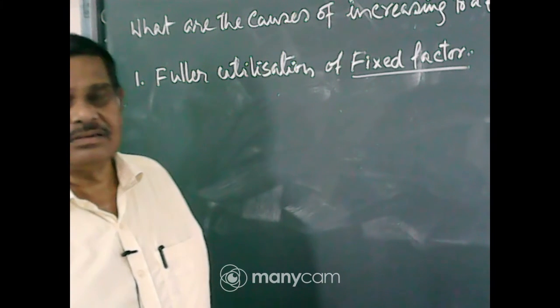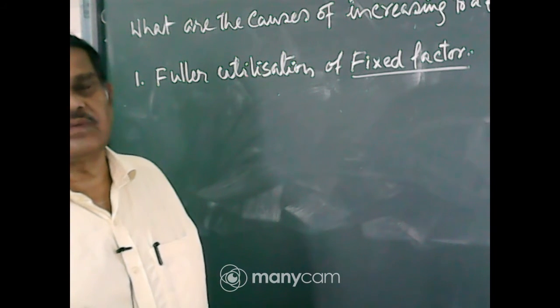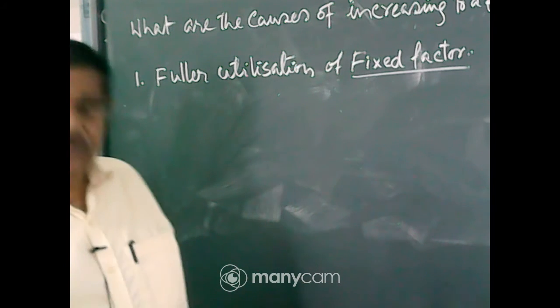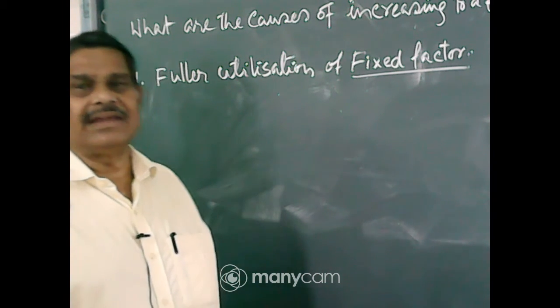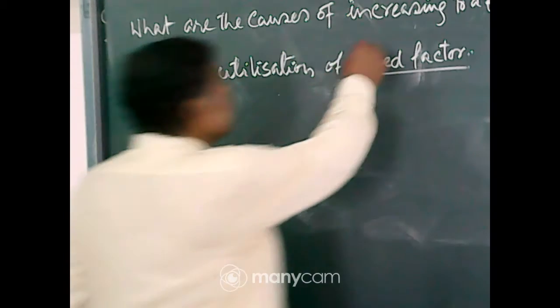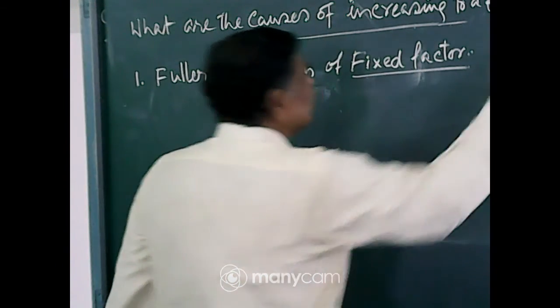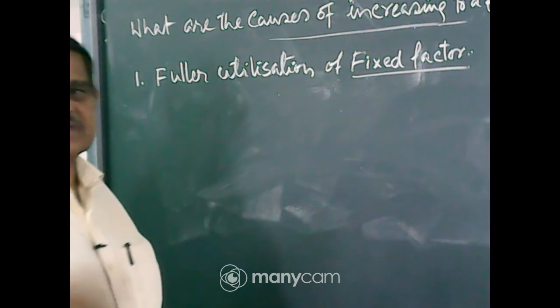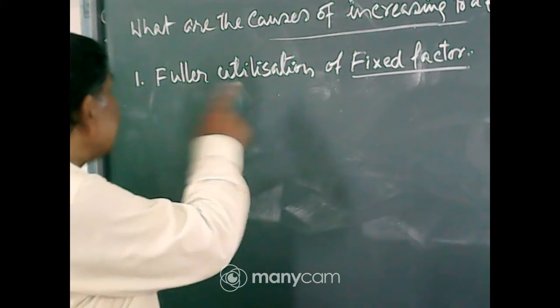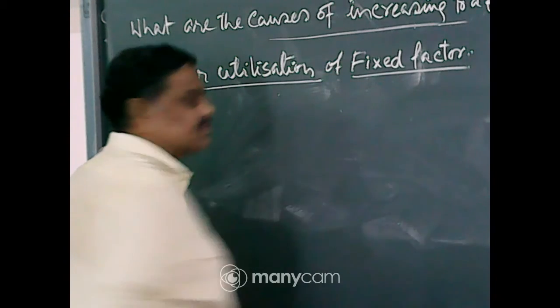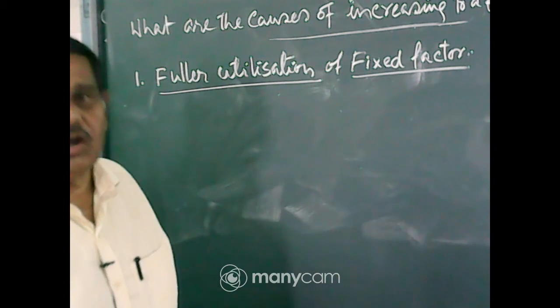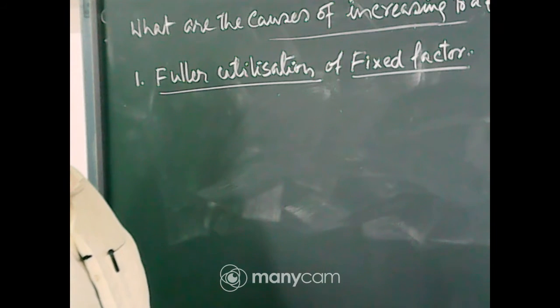You can use it for another 4 hours, and if you use it for another 4 hours, that is completely 10 hours, it becomes the cause of increasing return to a factor. The production will increase. That is, fuller utilization of the fixed factor will increase the volume of production.